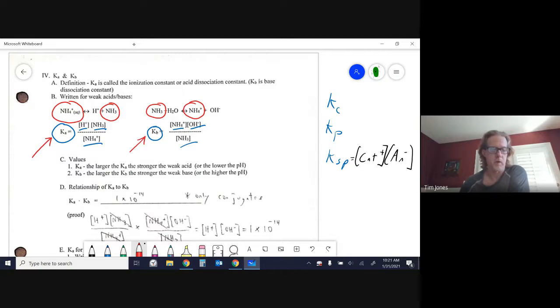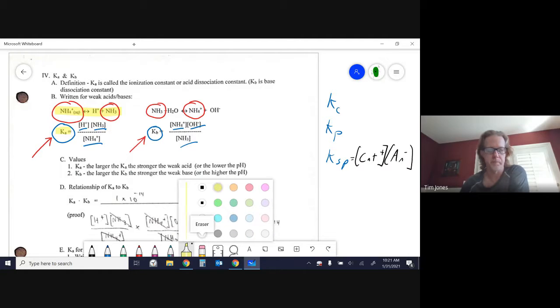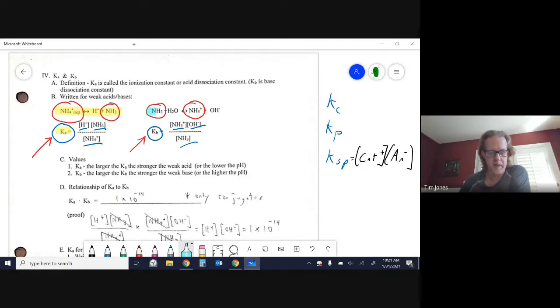Well, if you are working with the reaction on the left, this one, you are looking at a weak acid. So you would do a Ka problem. If you were looking at the equation on the right, you were looking at a weak base. So you do Kb, and you're going to want to keep that straight because sometimes problems will intentionally give you the wrong K value. In other words, they'll give you a Ka when you need a Kb and vice versa. And it's not a big deal to switch it. We'll look at that in a minute.